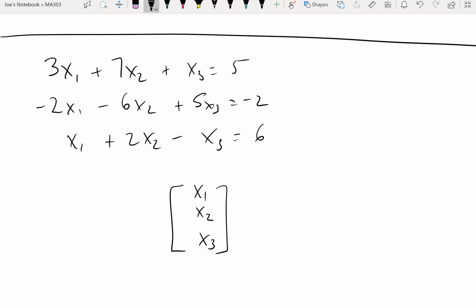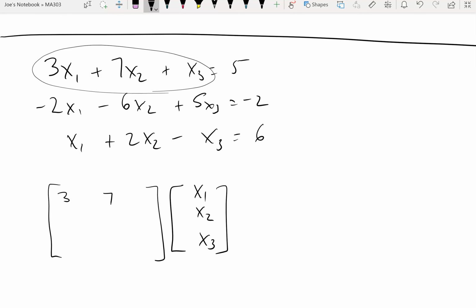Out in front, to get this first left-hand side, because it's not the whole equation, I need to match up the 3, the 7, the 1 with the x1, x2, x3. If I multiply these two things together, I would match the 3 with the x1, the 7 with the x2, the 1 with the x3, and add them.